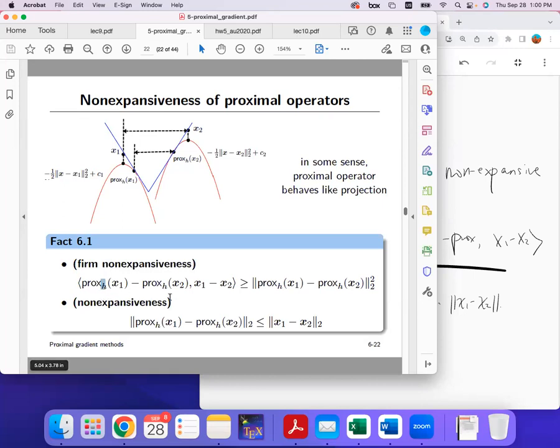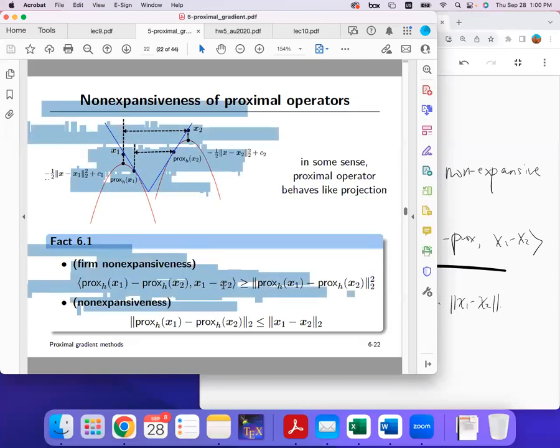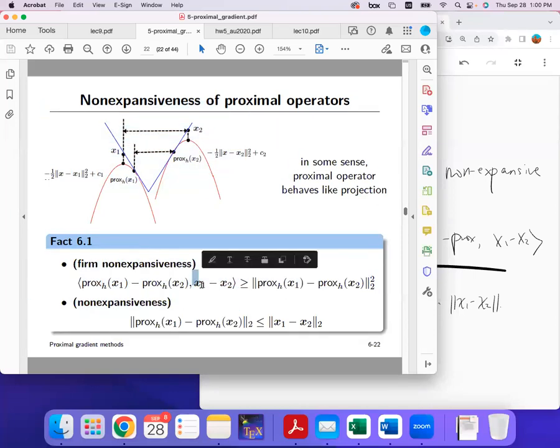Because when we do gradient descent, we are just performing gradient descent on the differentiable function part, right? And then once we introduce this proximal mapping, this mapping will address that non-differentiable regularizer part. And this property shows that this proximal mapping is a well-behaved operator.